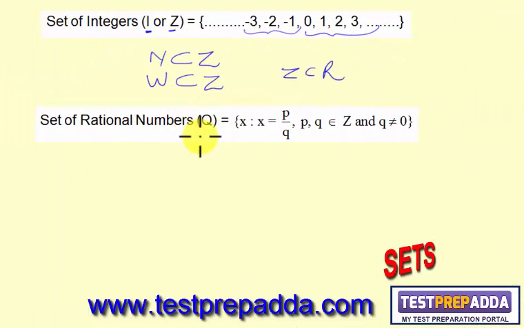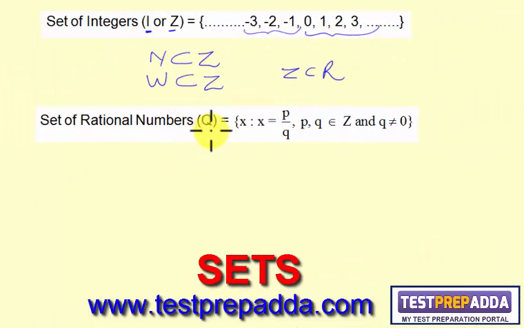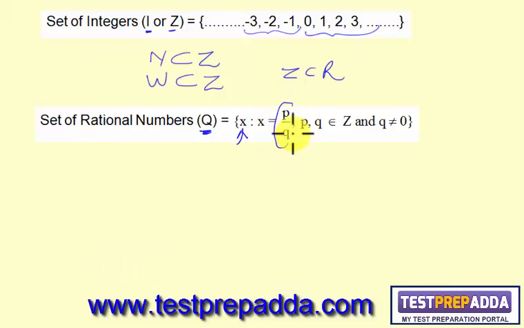Got it? Now I'll talk about another subset of real numbers, set of rational numbers. Rational numbers we write with Q. Set of rational numbers Q is equal to all values of x such that x is equal to p by q, where p and q belong to integers and q is not equal to 0.